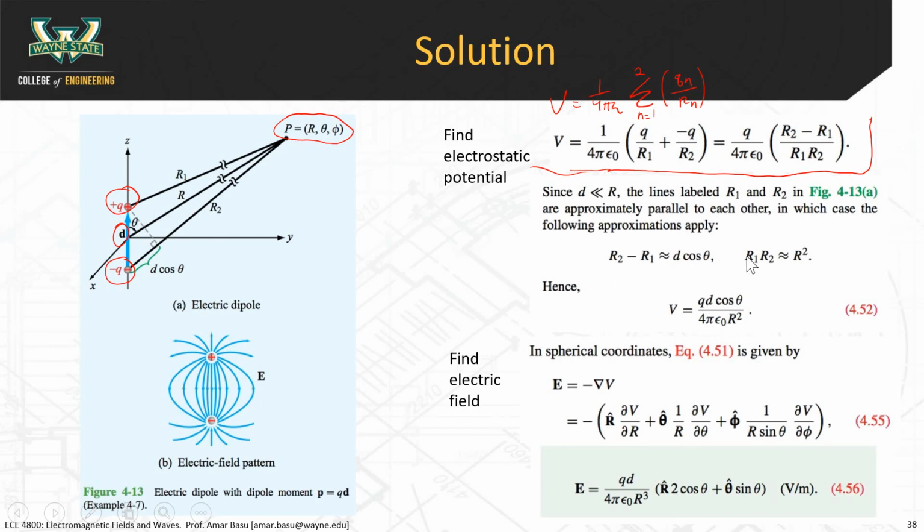The other simplifying assumption is that r1 times r2 is approximately equal to r squared. We're defining r1 and r2 as the distances between the observation point and the two charges, but r is the distance between the observation point and the origin.